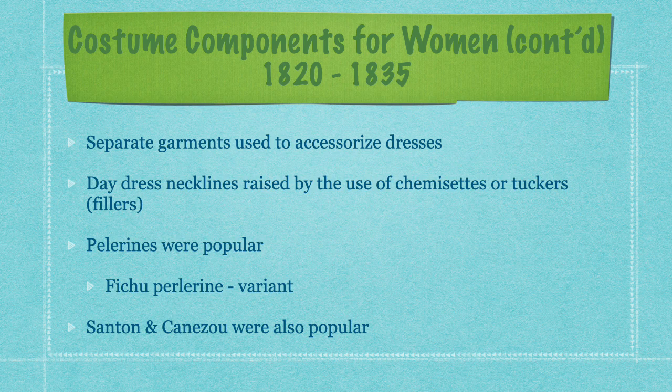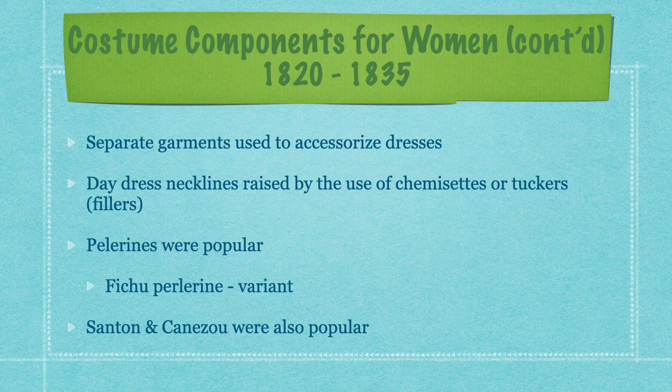So other garments were used to accessorize dresses and give them another look. Chemisettes or tuckers were used to raise the necklines of daytime dresses. Since they were a separate piece, they could be worn with different bodices. Wide cape-like collars that extended over the shoulders and down across the bosom, called pelerines, were quite popular.